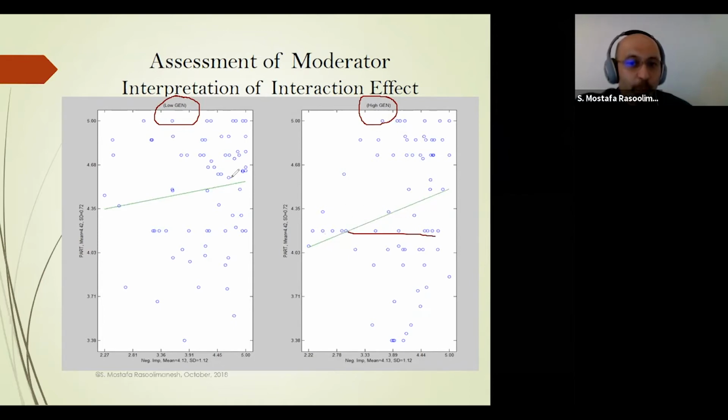You can see the slope is higher for high level of gender, and lower here compared to this one. So if the high level of gender is female, for example, with female as 2 and male as 1, it means the effect of X to Y is stronger for female compared to male.